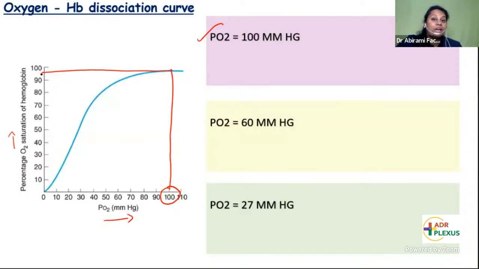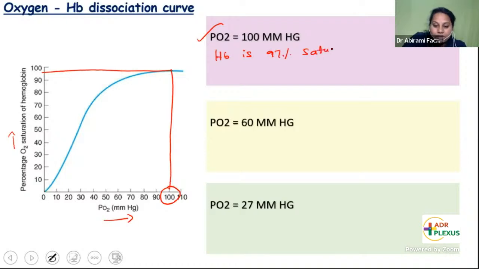But as you know, we have some methemoglobin, sulfhemoglobin, they cannot bind to oxygen. So it is not exactly 100%, a little lesser than that. So you can say when the partial pressure of oxygen is 100 millimeters of mercury, hemoglobin is nearly 97% saturated with oxygen.